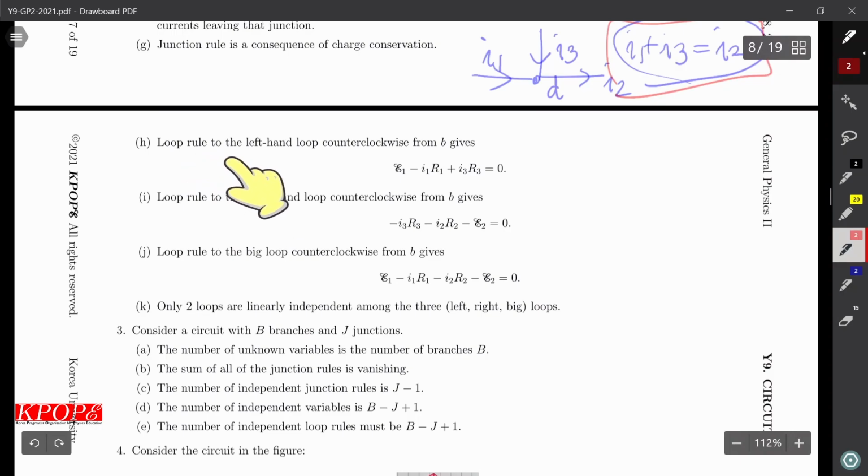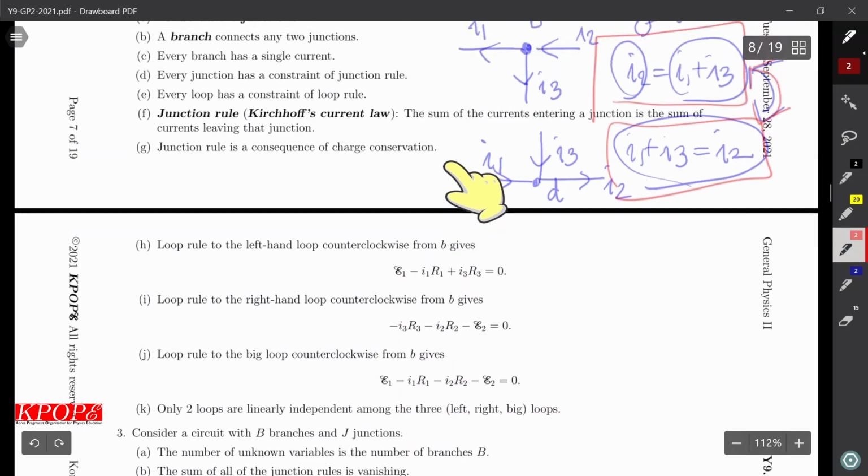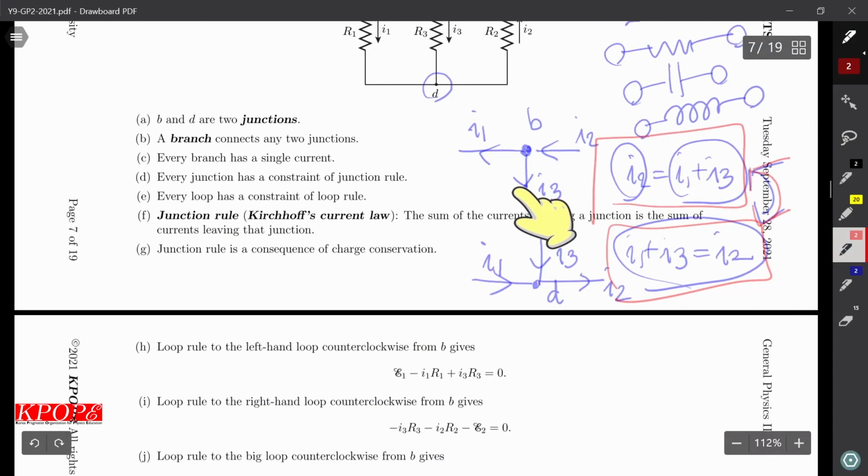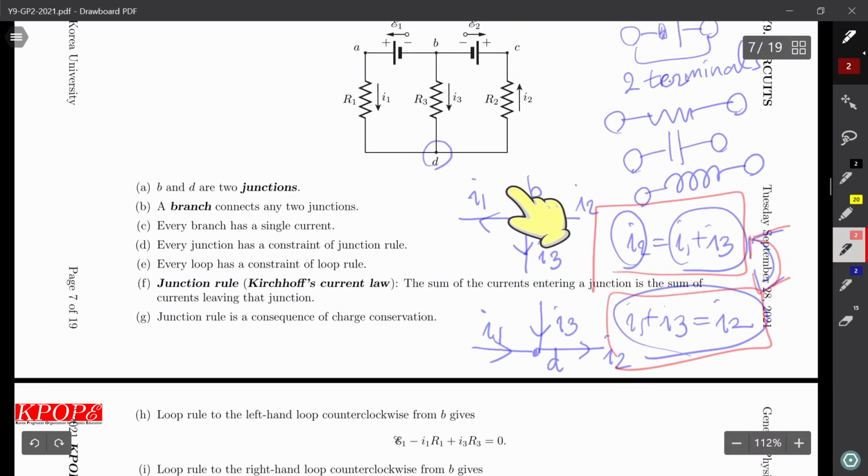Loop rule: the left-hand loop, counterclockwise. There's an EMF device, E1. If you follow this direction, then you decrease the potential by I1 R1.